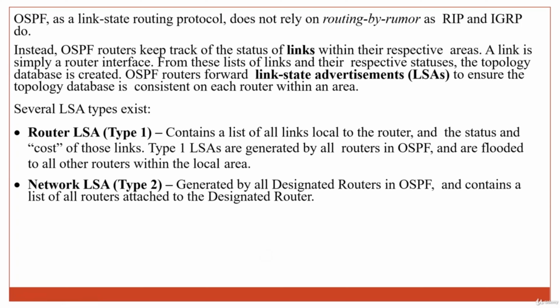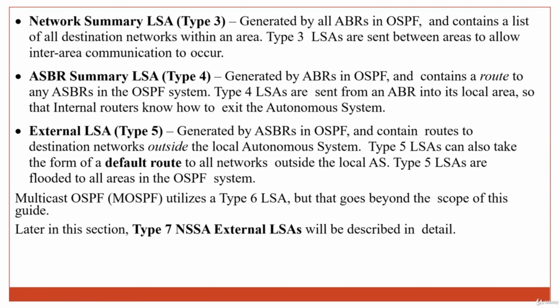So you can think that type 1 as a default LSA generated by all the routers within that area. Then we have type 2 LSA generated by DR in the OSPF network or OSPF domain. Again, this is also specific to the area. When we have the broadcast type of network, obviously that time the DR/BDR will come into the picture.